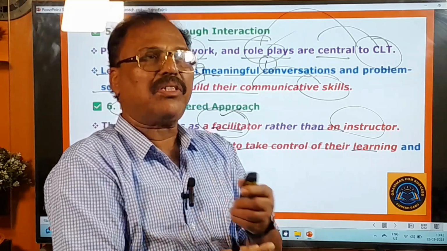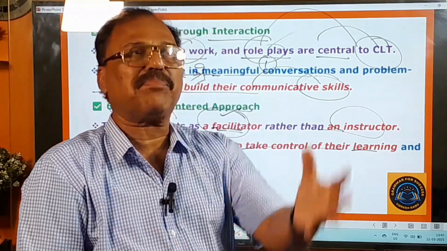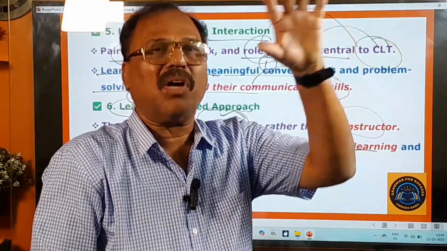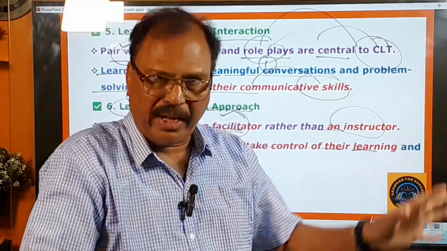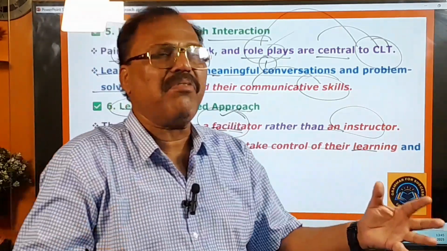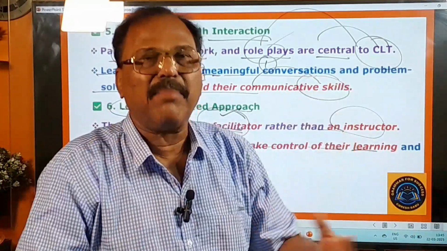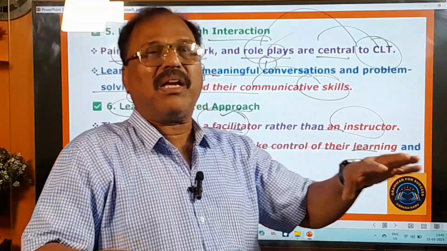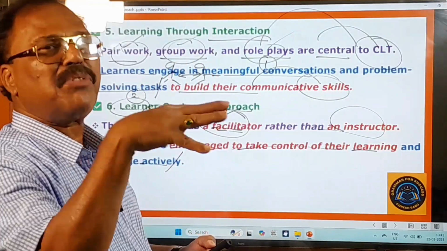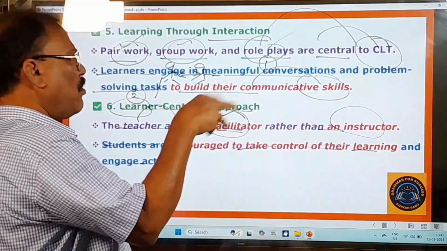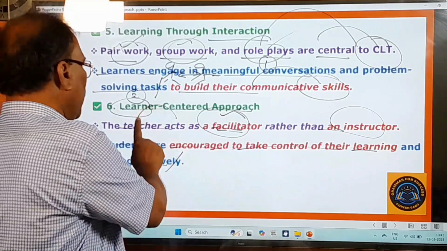Therefore the students will take up the responsibility of learning the target language through communication, and they behave independently and actively in the classroom, and they learn the target language themselves. So there is no help from this teacher and all that.